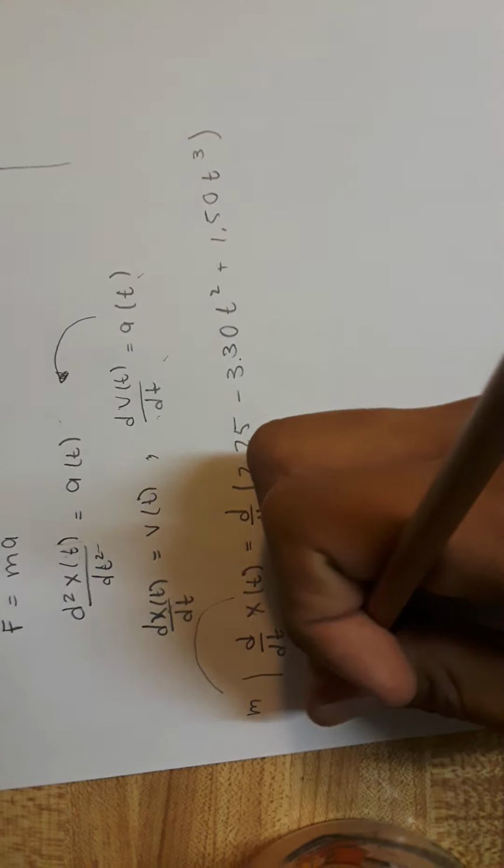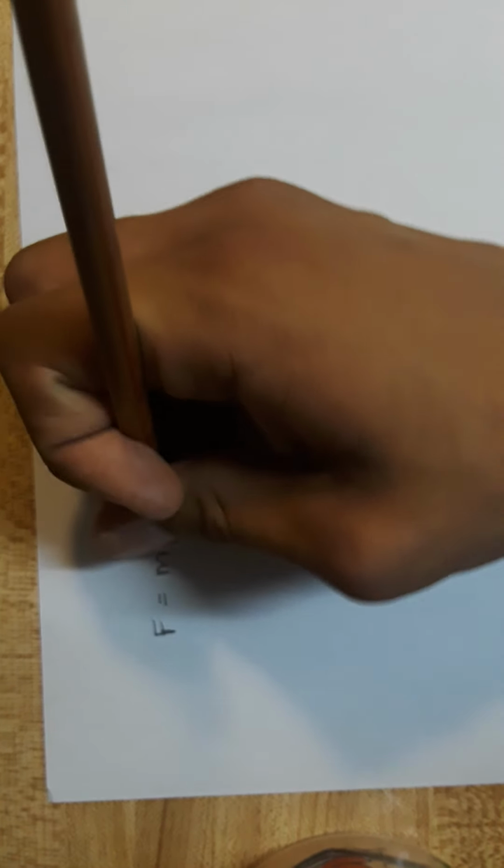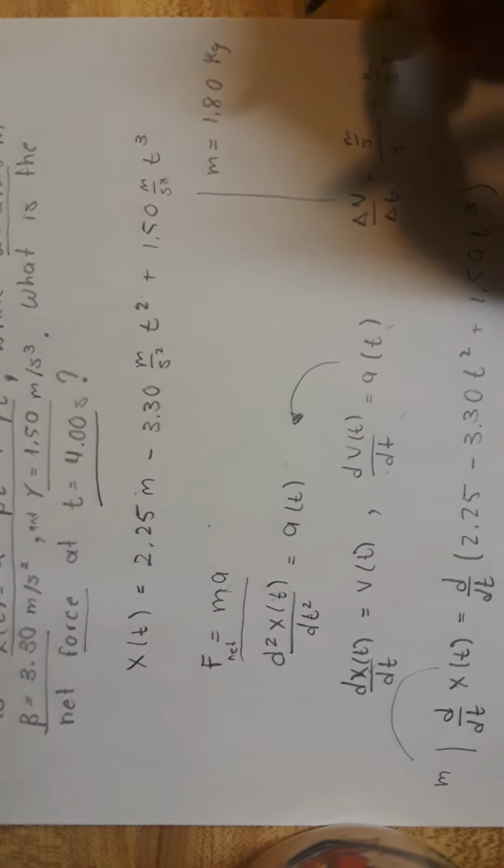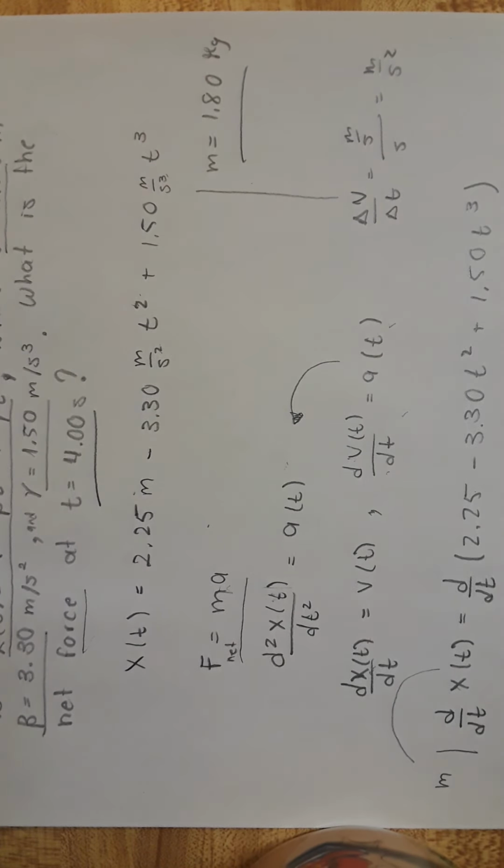And this is our acceleration. We're not really done with the problem, but we just found one of the pieces that we need. It's asking for the net force, not the acceleration. So gladly, I'm going to turn the page over. We know that the net force is equal to the mass of an object times its acceleration. And we know that its mass, I put it right here, is 1.80 kilograms.